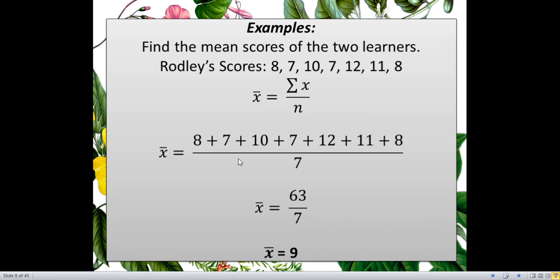So we have to divide it by 7. By adding all the data, we come up with 63 and divided by 7. So the mean of Rodley's score is 9.